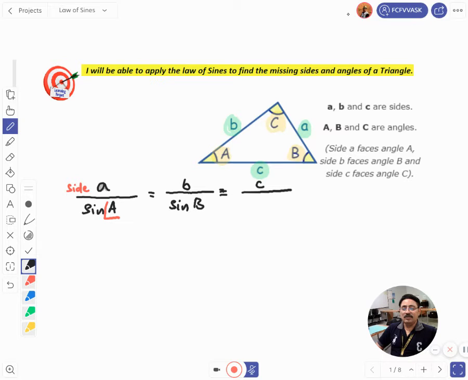Then c over sine C. This is the rule you have to remember.